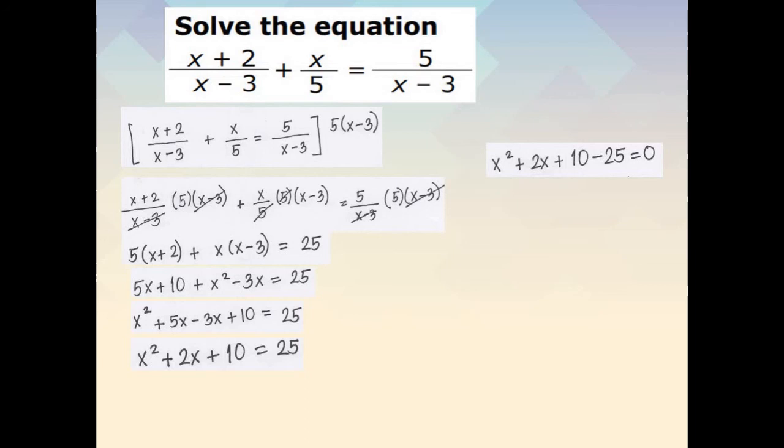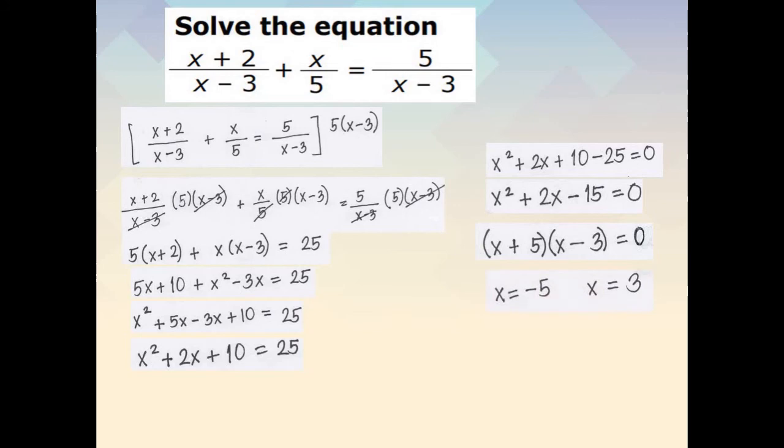So that becomes x squared plus 2x minus 15 is equal to 0. So you shall apply factoring there. So (x + 5)(x - 3) is equal to 0. So the value of x is equal to negative 5 or x is equal to 3.